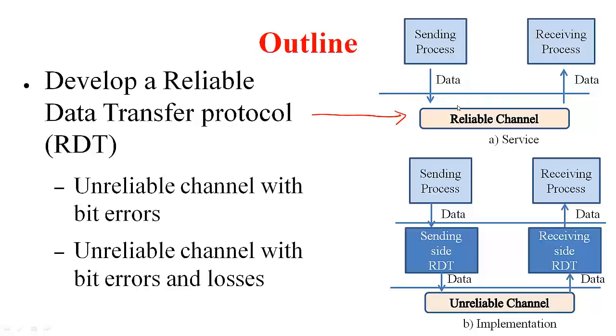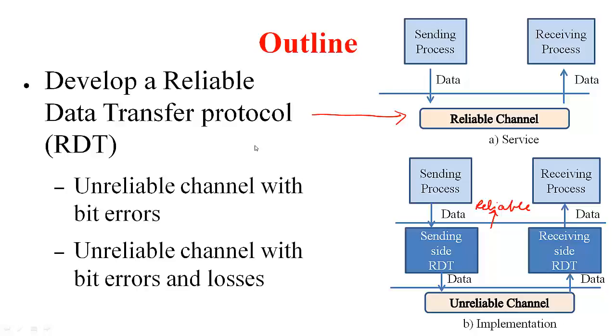So they don't have to do anything about it. But in implementation, they are sending the data which is being handled by this reliable data transfer protocol, which is in turn operating over an unreliable channel, but it is giving an impression of a reliable channel to the higher layer while it is operating over an unreliable channel.